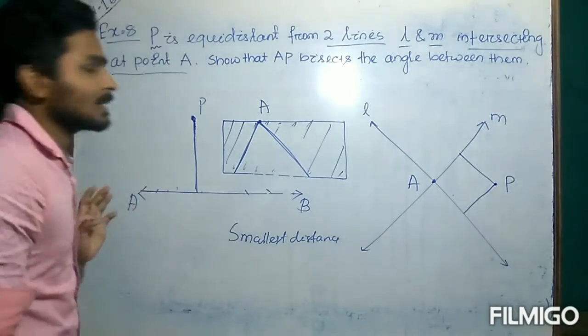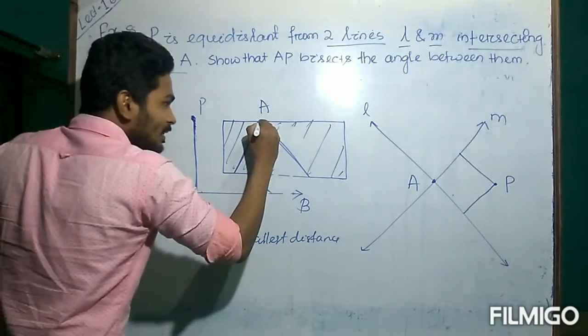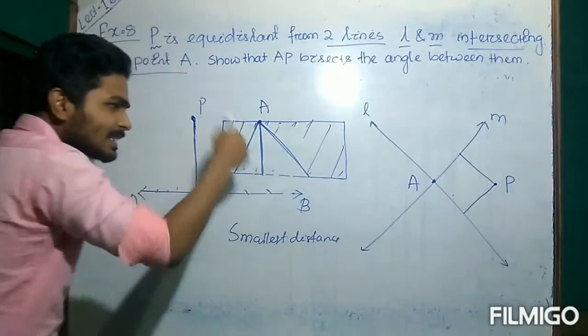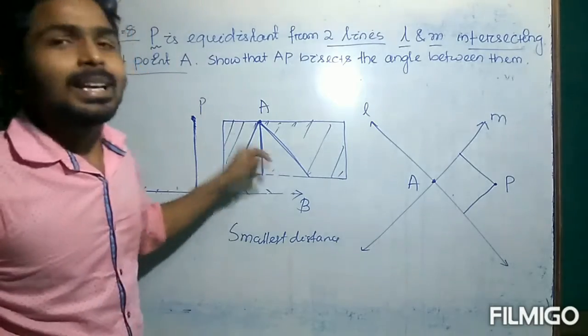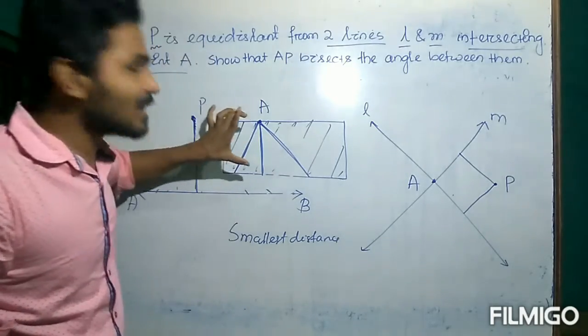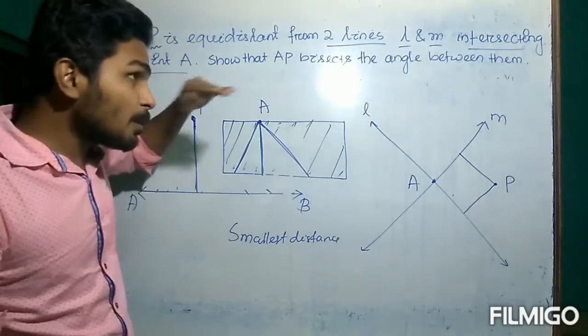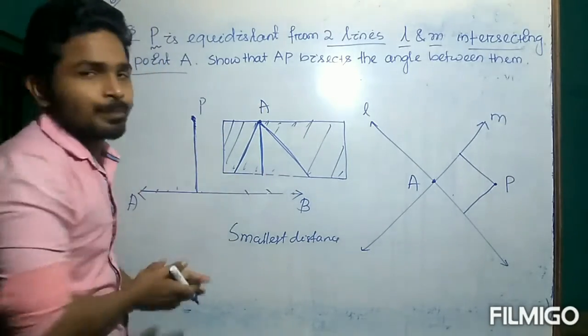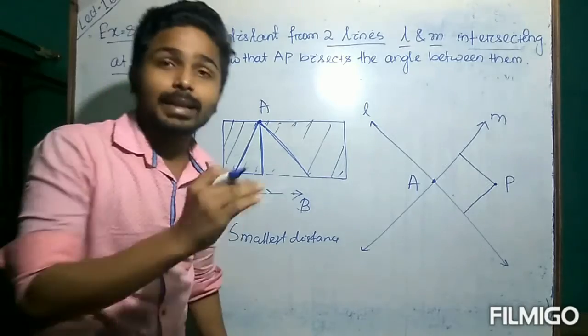No, it is not the exact depth. If someone draws a line joining these two points, is it the exact depth of the pool? Yes, it is the actual depth, because it is the shortest distance between the top of the water level and the bottom of the water level. So this is the exact distance or actual depth.